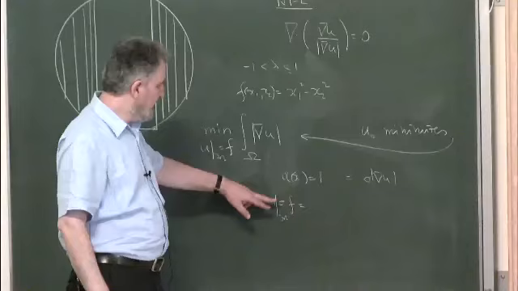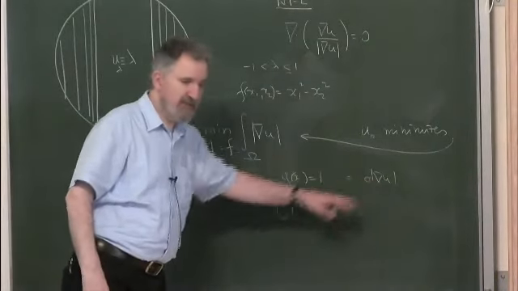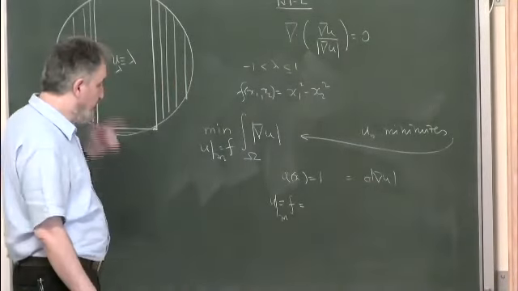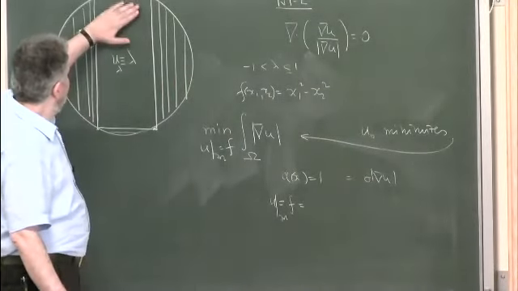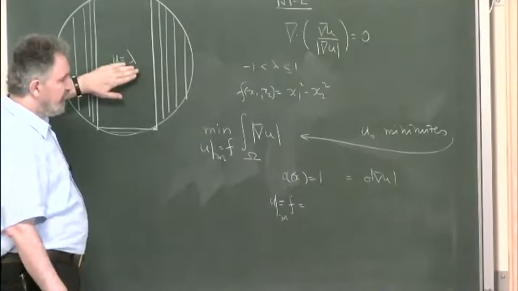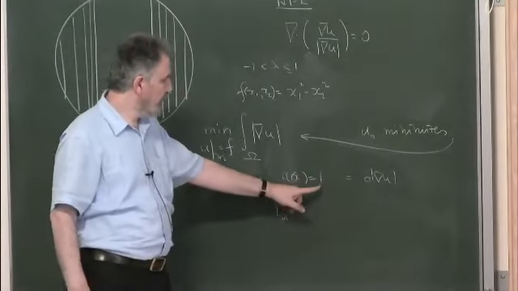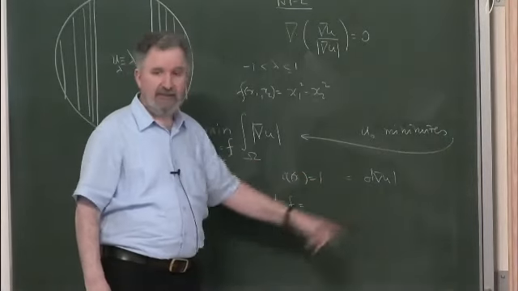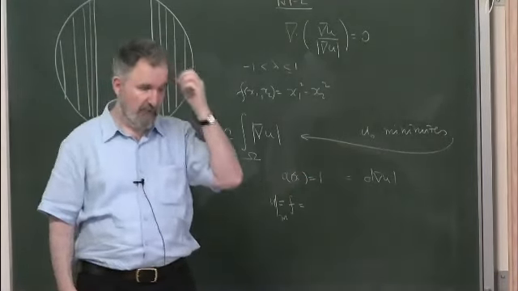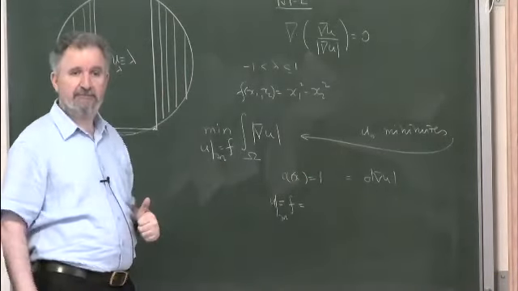So essentially, by uniqueness, you show that this is the U. If there is a U, this has to be the 1. And this U is constant here, so the gradient is 0. If the gradient is 0 and this is 1, then you don't have a sigma. This is what I used to say.